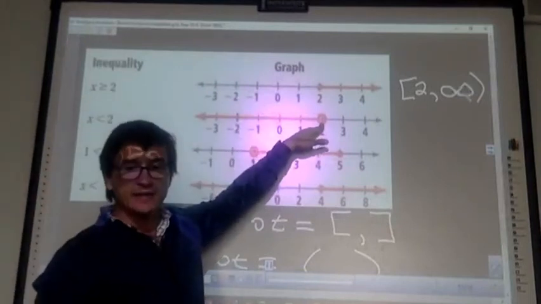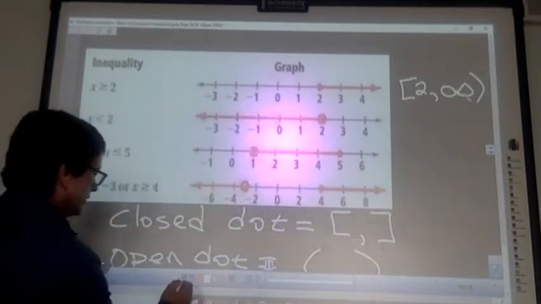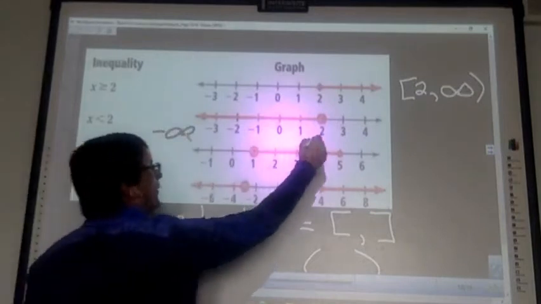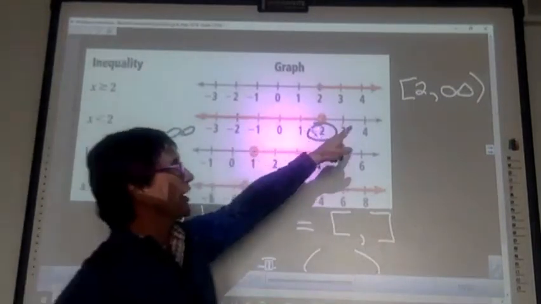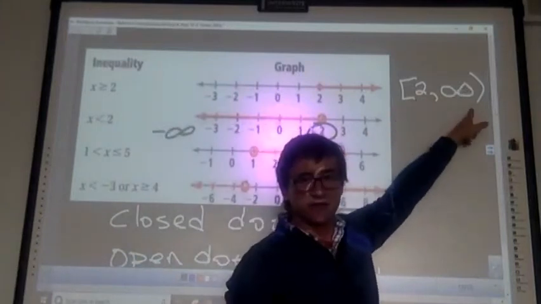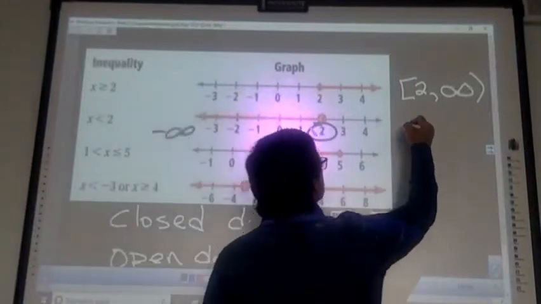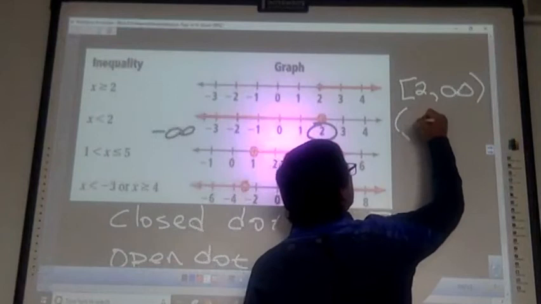Okay, so let's do this one. It's an open dot, so we know we need a parenthesis. But over here, we're starting at negative infinity, and then we go to 2. So you always go small number on the left. Infinity always starts with a parenthesis.